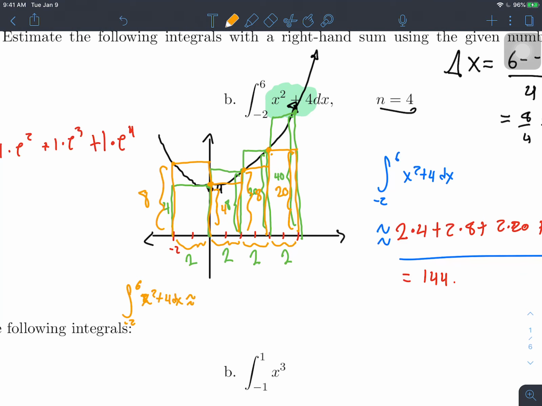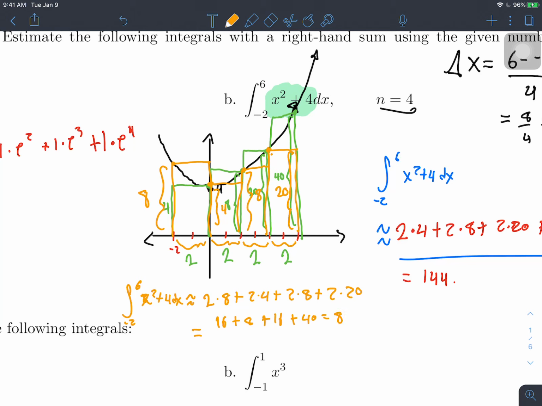So I would get 2 times 8 plus 2 times 4 plus 2 times 8 plus 2 times 20, which is 16 plus 8 plus 16 plus 40. 32 plus 8 plus 40 is equal to 80.